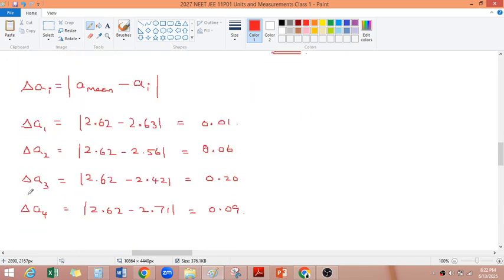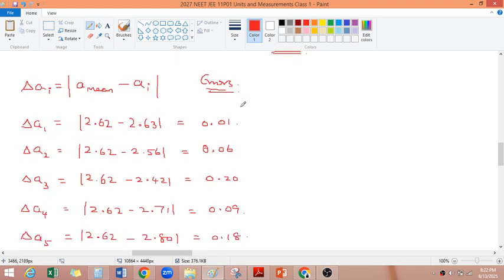Last one only, 2.80. So that means delta A5: 2.62 minus 2.80. So 80 minus 62, it will be 18, so it will be 0.18. So that means these are all the errors, the errors for each measurement.